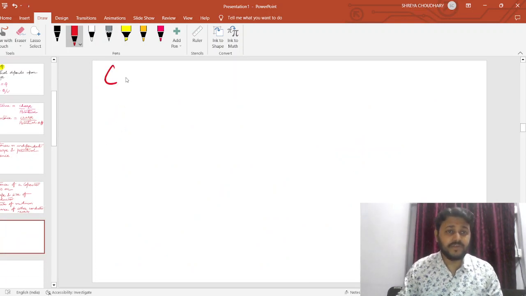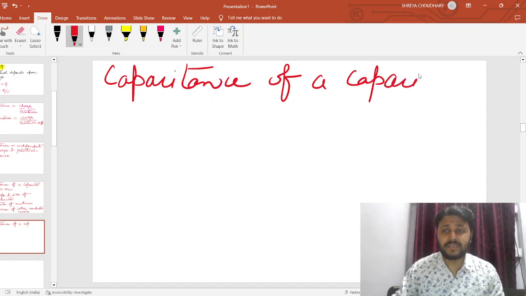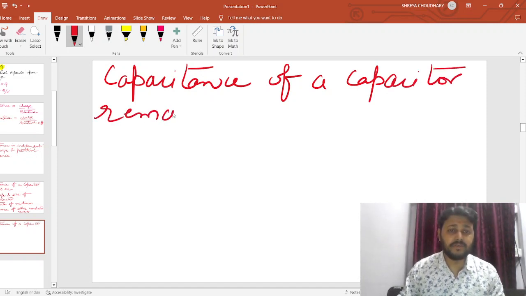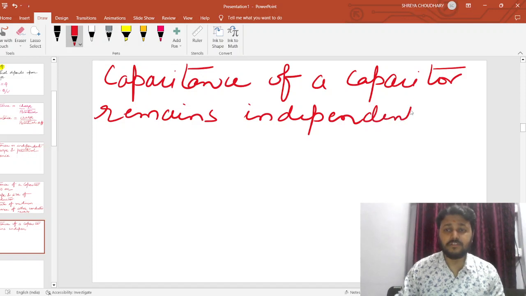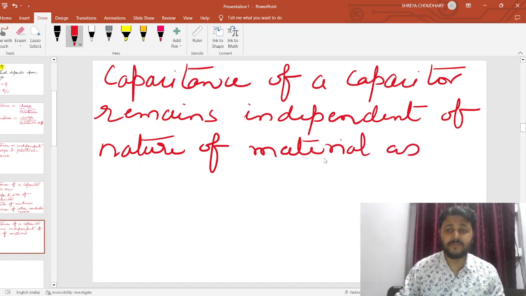So I'm writing it over here that the capacitance of a capacitor remains independent of nature of material as well.